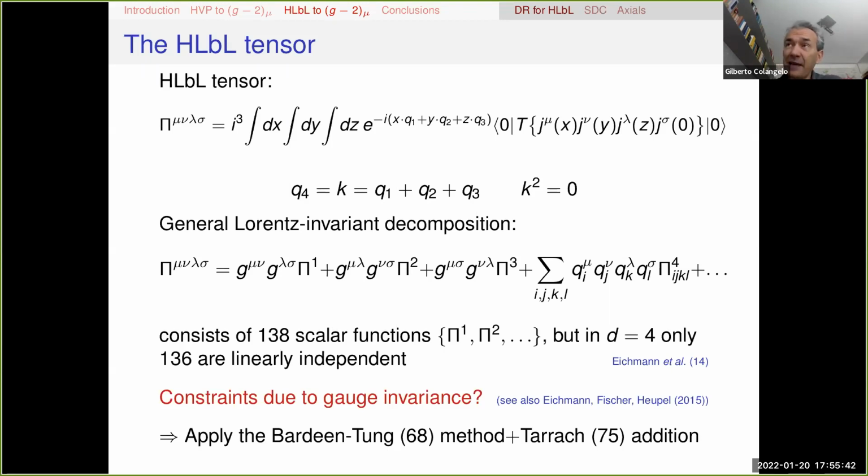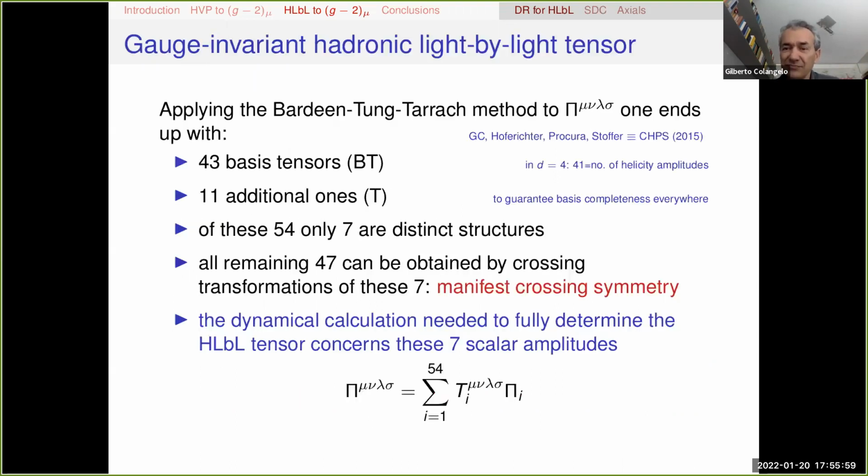Now, this is the step which for hadronic vacuum polarization would have given you only 2 independent functions. Then gauge invariance reduces the number to 1. In this case, from 136, you impose gauge invariance, and you come down to 43 basis tensors.